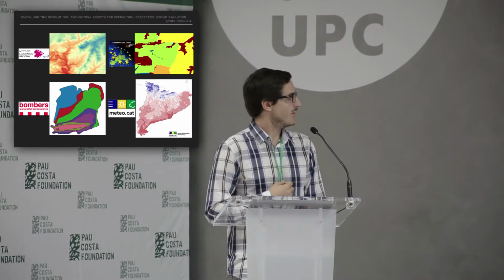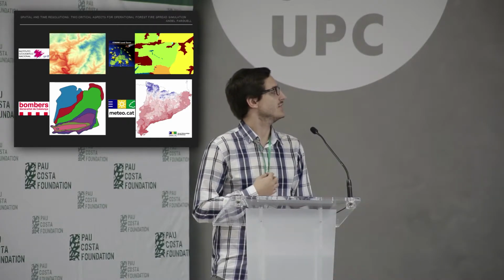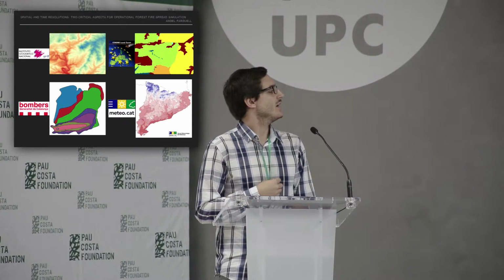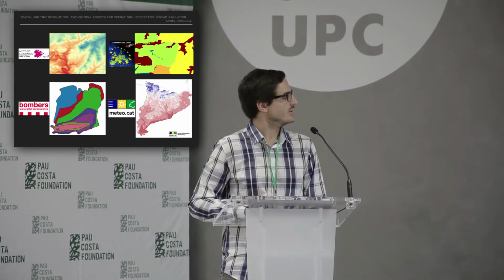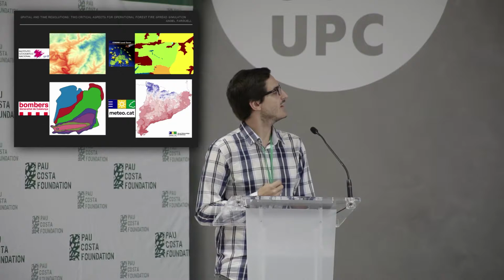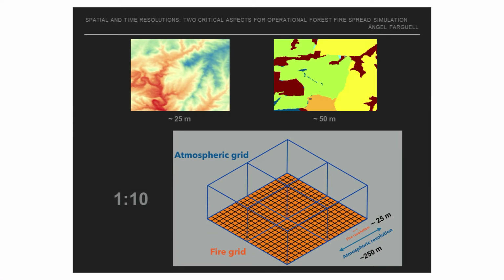And the shapes are from the fire perimeters of the Generalitat de Catalunya. We use the little one, the gray one, to initialize the fire, and the biggest one to compare with the simulation. And finally, the meteorological initial data is from the local meteorological service here in Catalonia, Meteocat, at 3 kilometer resolution.